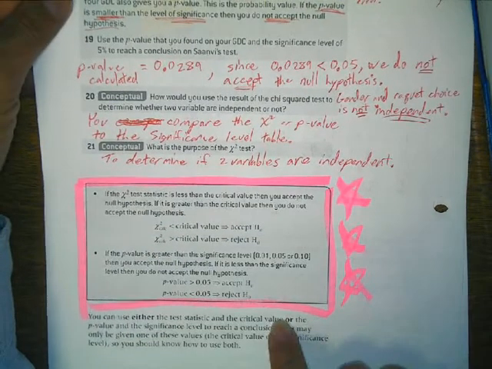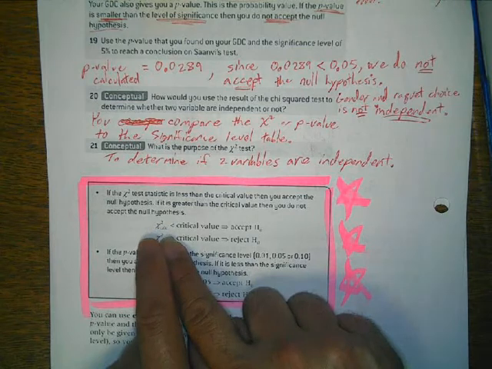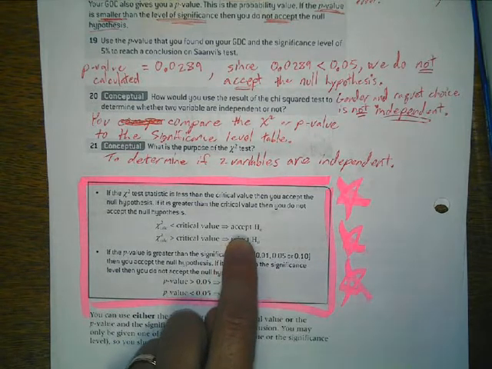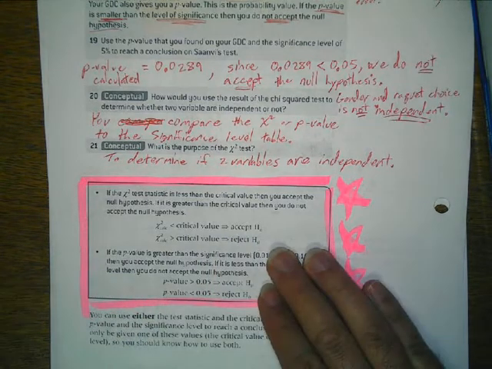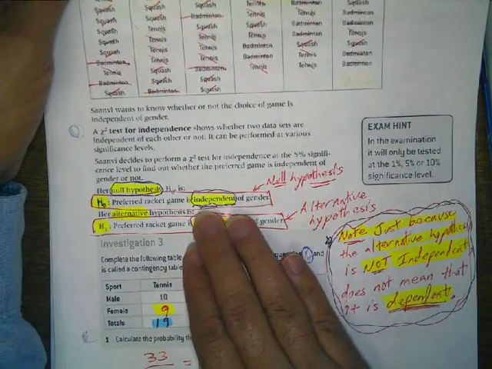Okay, so as I mentioned in class, this part here is so important. Basically, if your calculated value of chi-squared is smaller than the critical value, we accept the null hypothesis. So the null hypothesis is that the two things that we're comparing are independent.